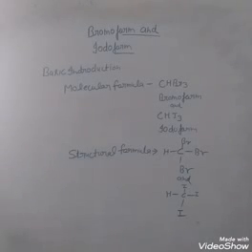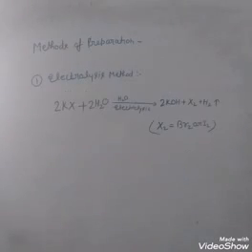Let's discuss the preparation methods of bromoform or iodoform. The first preparation method is the electrolysis method. This is the method used for commercial production of bromoform and iodoform.